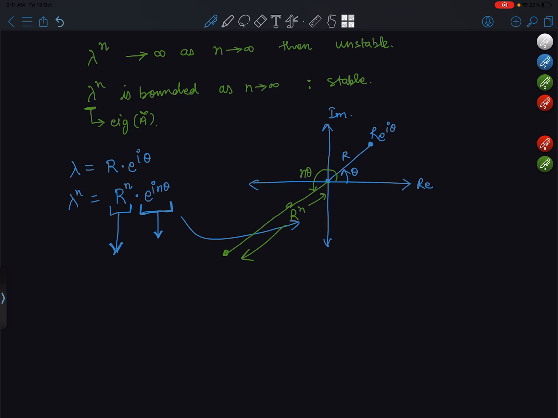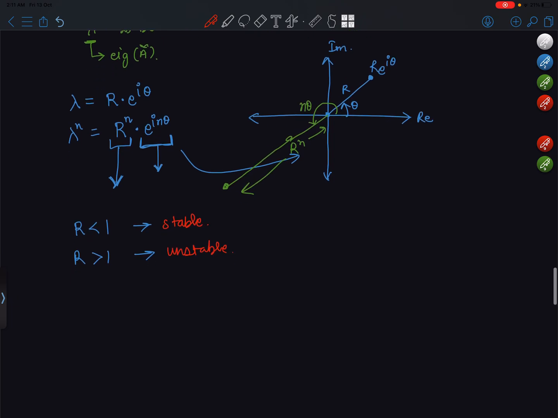So based on this analysis, we can say that if r is less than 1, then the system is stable, and if r is greater than 1, then the system is unstable.